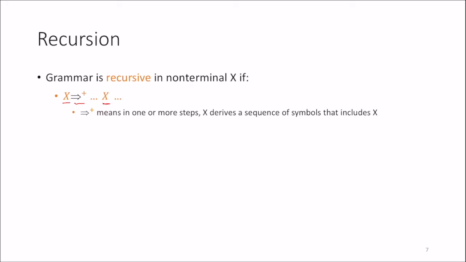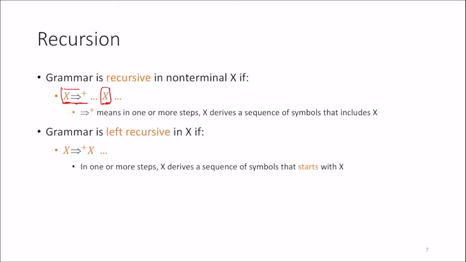This is called recursion in the grammar. All that means is that the same non-terminal occurs after you expand this non-terminal x. You keep expanding it, eventually you come back to x, so you can expand it again. Notice that I can take this whole sequence and repeat it on this symbol x, so that's why it's called recursion.